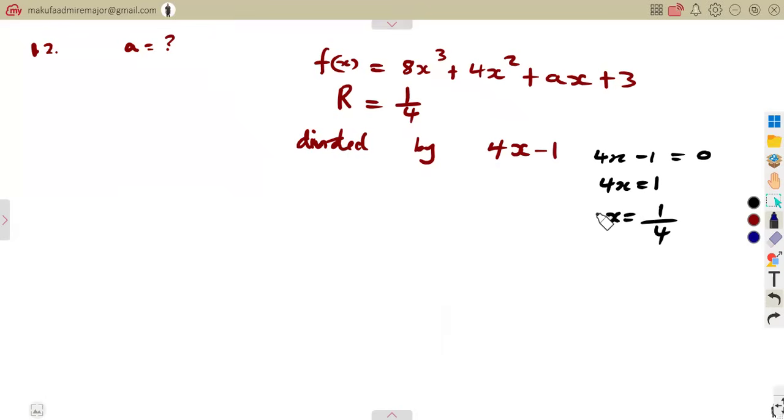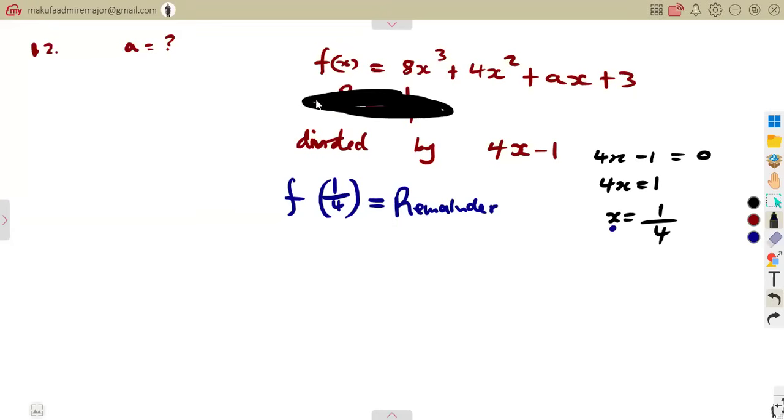Okay, so this is it. From the value of x that you have determined, if they are referring to a remainder, therefore the f of x that you are given, which is the f of 1 over 4, must be equal to the remainder. That is the idea. So if it was a factor, what was I going to do?